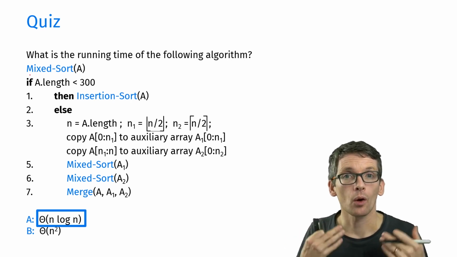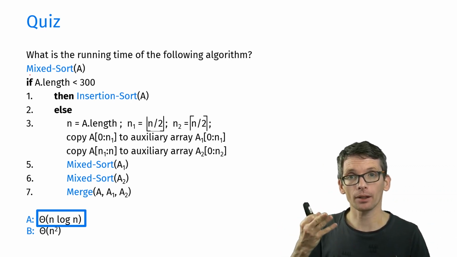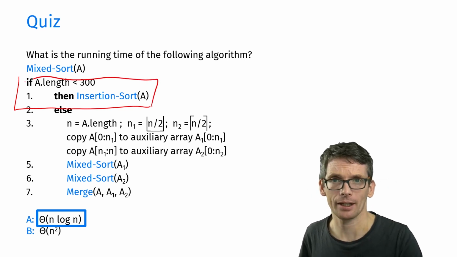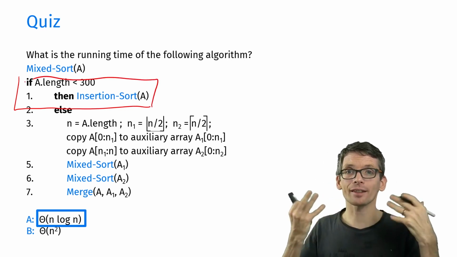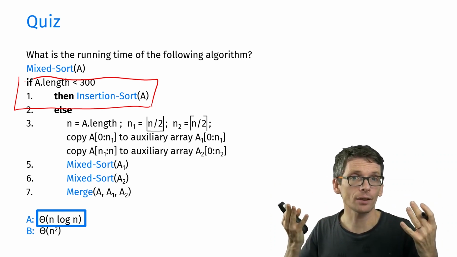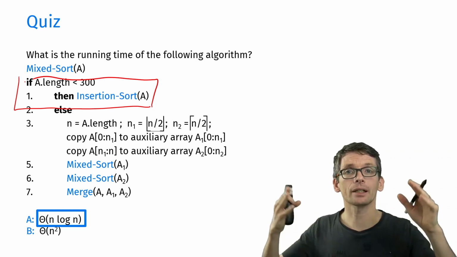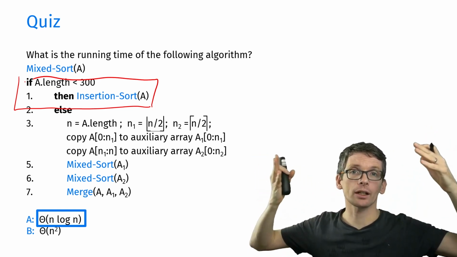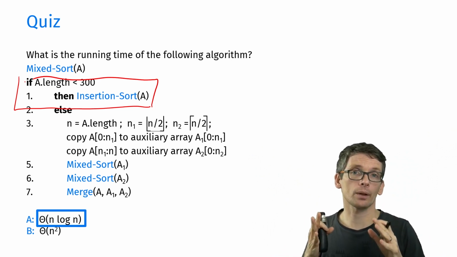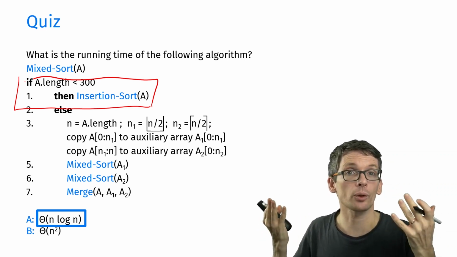This algorithm runs in order n log n time, and the reason being that the expensive part, the insertion sort, only happens in the base case. And in the base case, we will have a constant number of elements left, even if the constant is 300, so it doesn't matter what we do. The running time is dominated by what we do for the large n, and there essentially we're doing merge sort, and that's why the running time is order n log n, which so far I have only claimed.